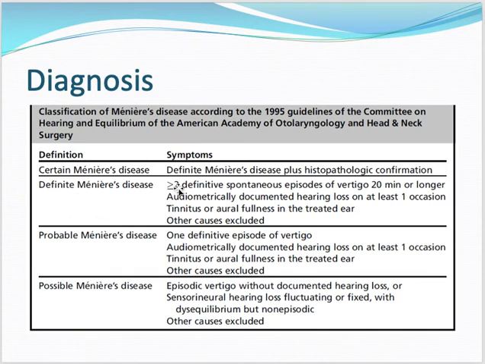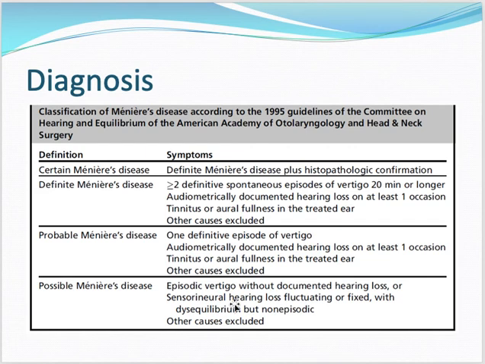Definite Meniere disease is two or more definitive spontaneous episodes of vertigo lasting 20 minutes or longer, audiometrically documented hearing loss on at least one occasion, and tinnitus or aural fullness in the treated ear, provided you have excluded other causes. And there could be probable Meniere disease when someone has one definitive episode of vertigo with documented hearing loss, tinnitus, or aural fullness, and possible Meniere disease.